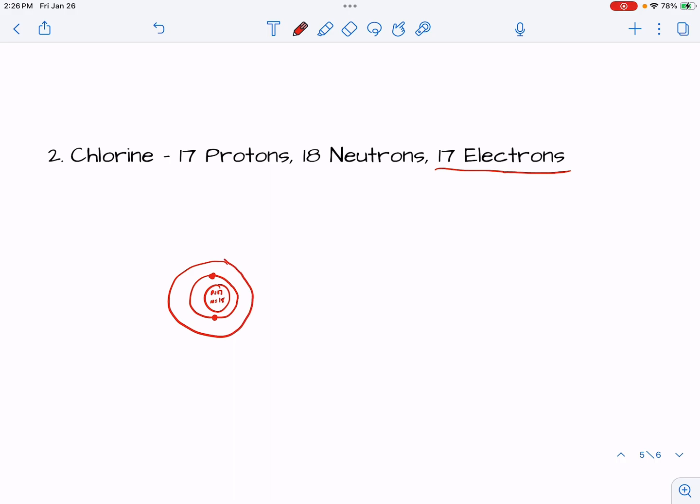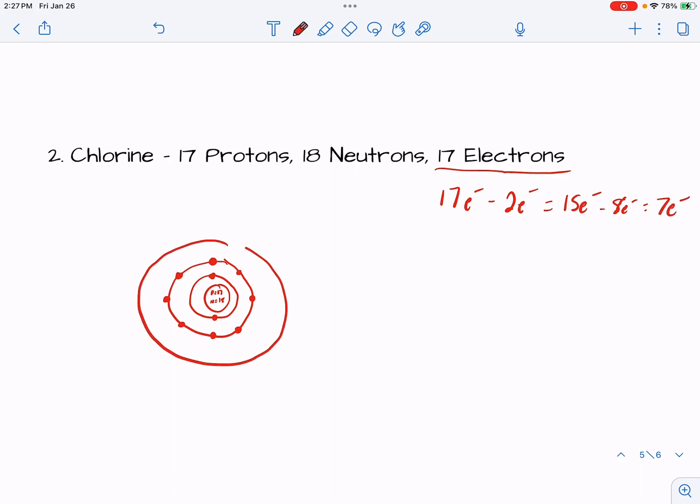The second one, 17 electrons. Sorry, I'm going to do my math just so I keep track and I'm showing you. I have 15 electrons left. The second one can hold 8. So I subtract 8 electrons from the 15 I have left, then I'm left with 7 electrons left.